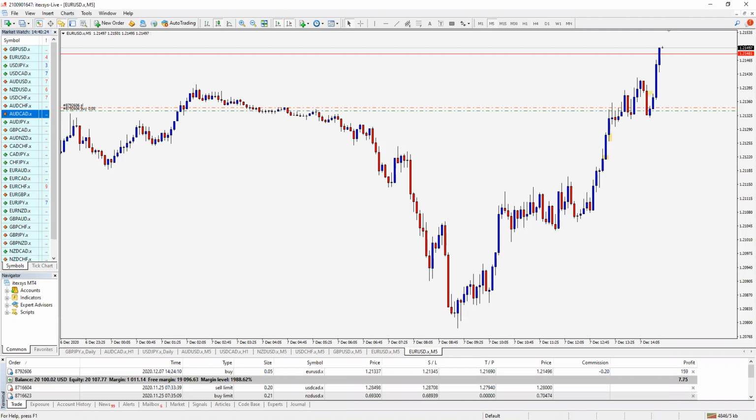Guys, any questions, any setup lining up? Sometimes the best thing to do is just sit on your hands, correct? Not doing anything and just letting price move.